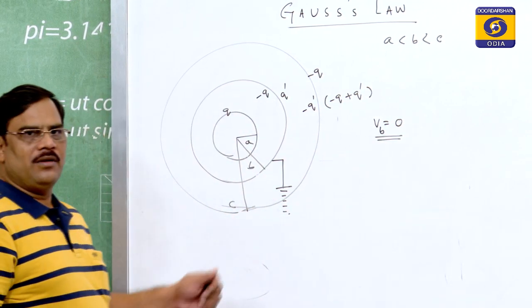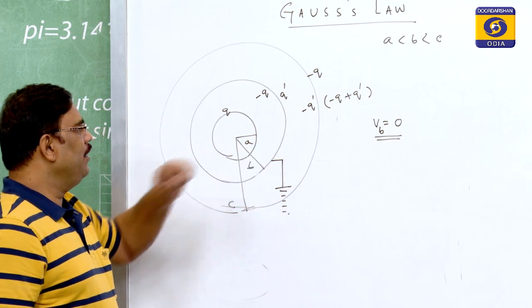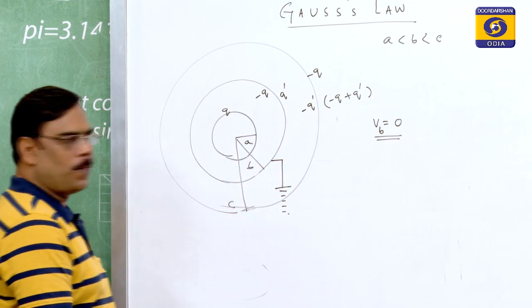Now, let us try to calculate the potential of B from these charges.